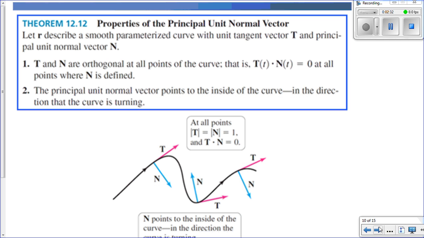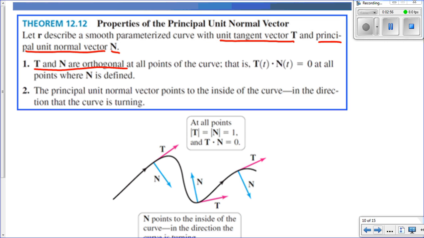Now, what properties does this principal unit normal vector have? First, T and N, remember T was your unit tangent vector, N is your principal unit normal vector. The word normal means perpendicular or orthogonal. T and N will be orthogonal at all points on the curve.